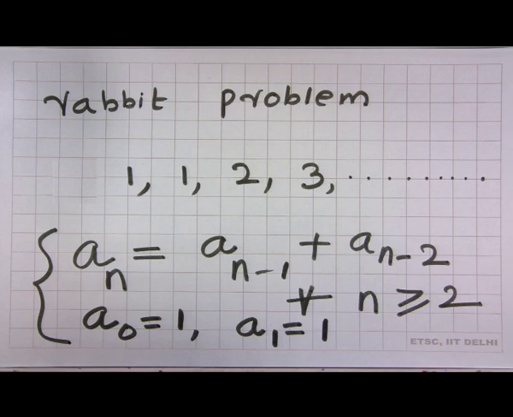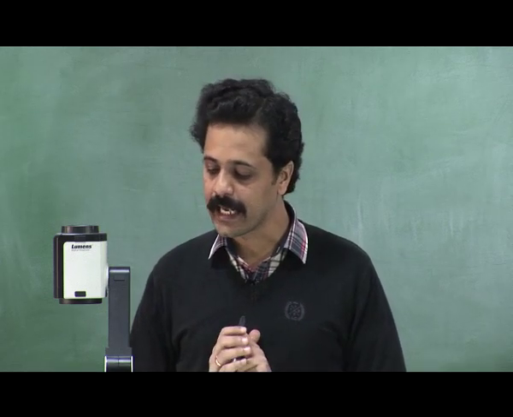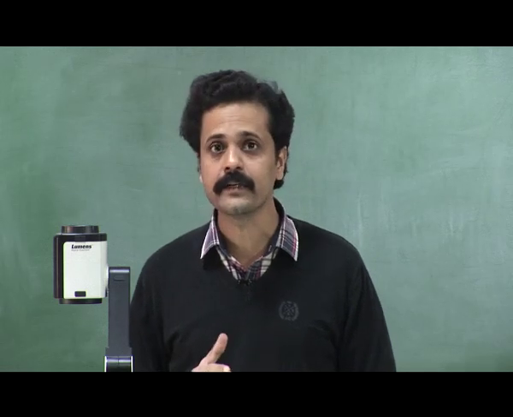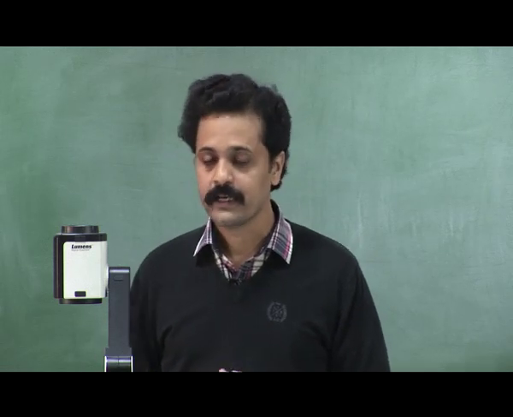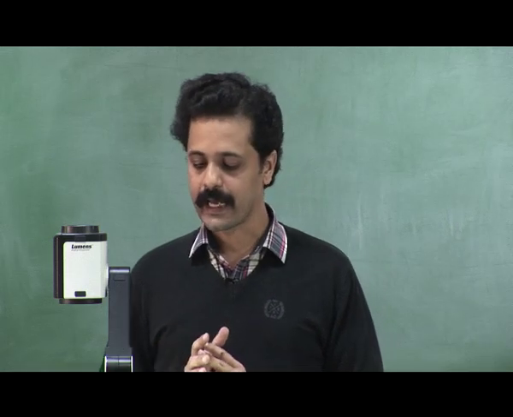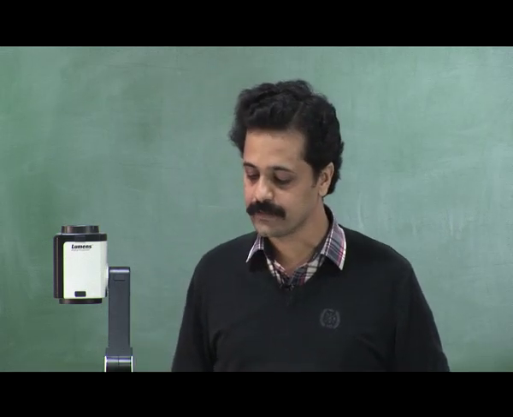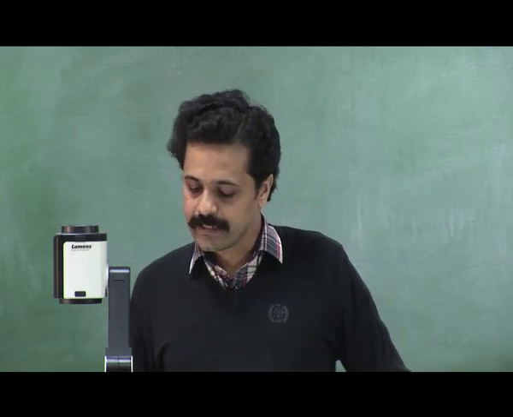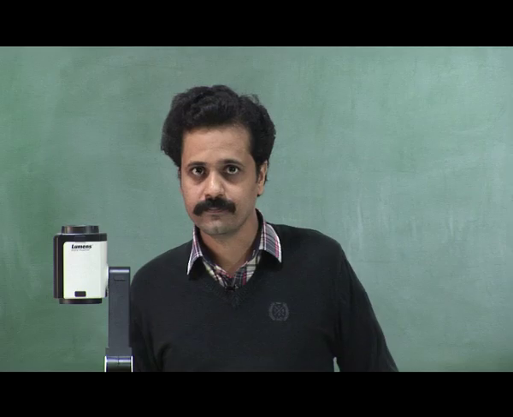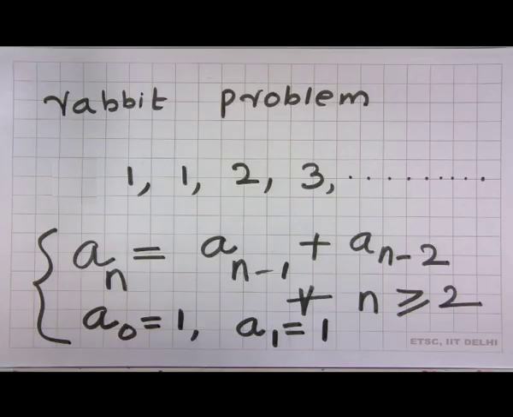instead of describing the number of pairs of rabbits at the end of n months in terms of n, the easiest way as far as this problem is concerned is to write the nth term in terms of previous terms.